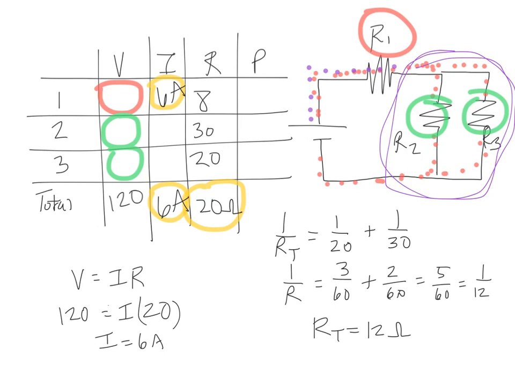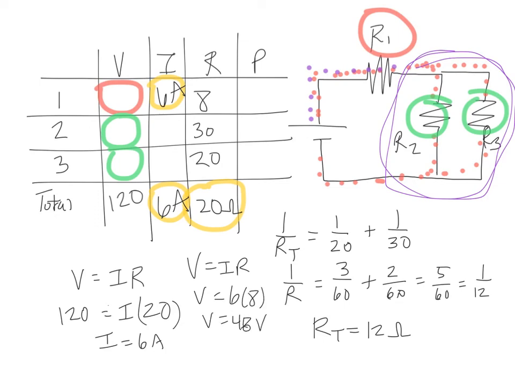Well, now I've got enough information to do V equals IR again. So let me erase this because I'm kind of out of space. Hope it'll let me erase. It will not. Fine. So V equals IR. I need to know how many volts are used at R1. So it's 6 times 8. 6 times 8 is 48.